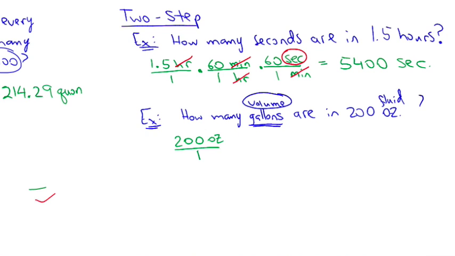What do I need to know? How many ounces are in a gallon? I have no clue. 8 ounces is 1 cup, and 16 fluid ounces is 2 cups. But I want to change ounces into gallons, and this chart doesn't have it.